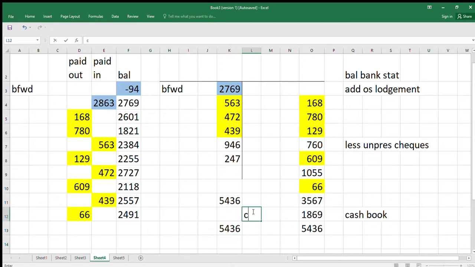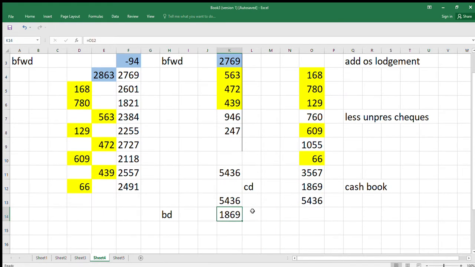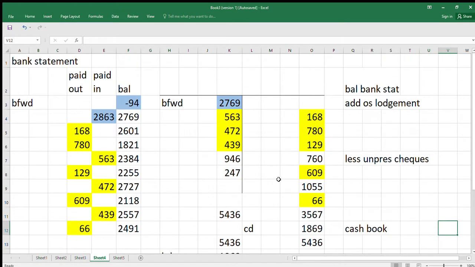That's my carried down per the cash book, and my brought down per the cash book. There. And so that is going to be in our bank reconciliation balance as per the cash book. But we'll get to that in the end.